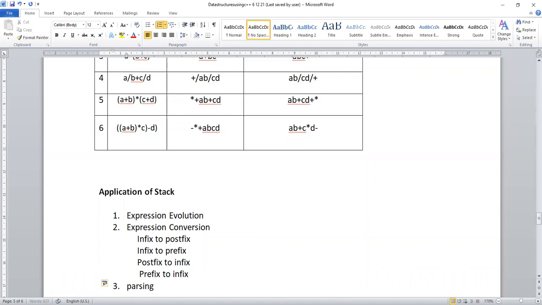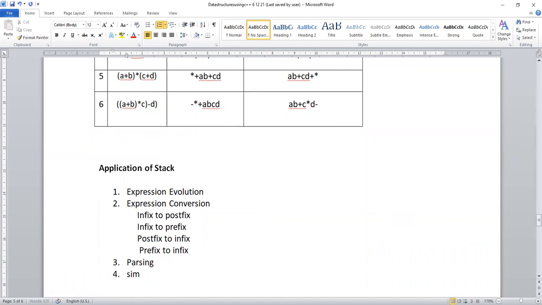Third one, parsing. Fourth one is simulation of recursion, function call. Okay, so these are all the different types of applications of stack. This is very important.